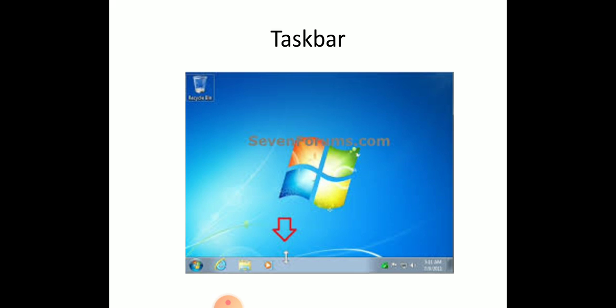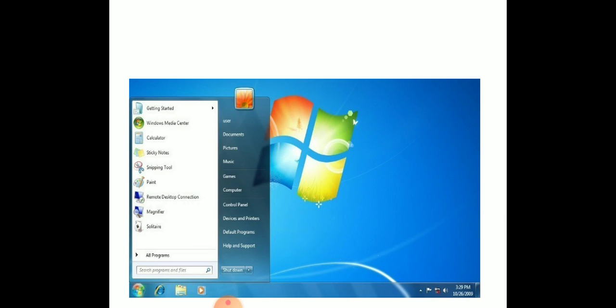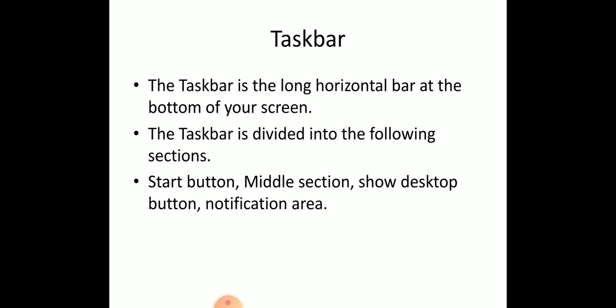Next is the taskbar. In this picture you can see the taskbar at the bottom of the screen, right? The taskbar is a long horizontal bar at the bottom of your screen.